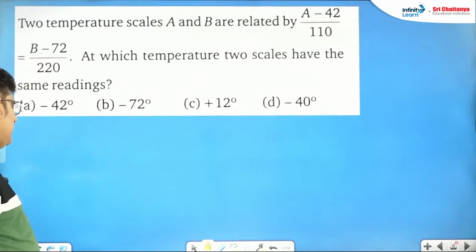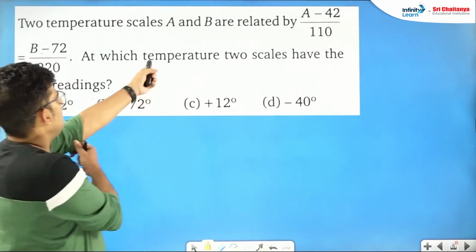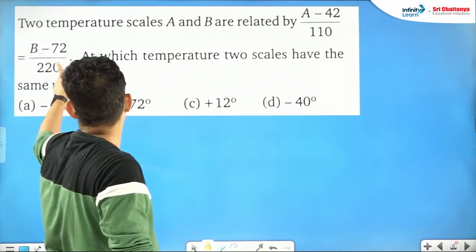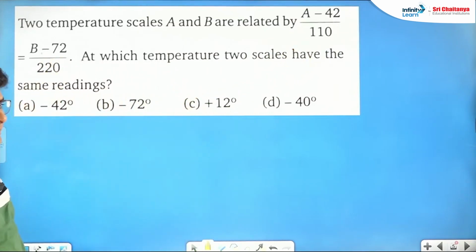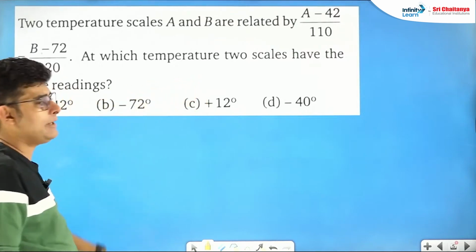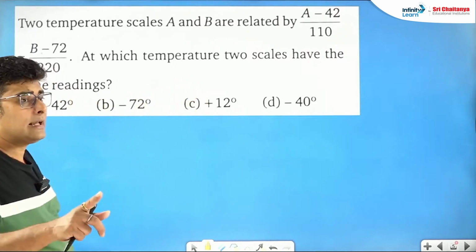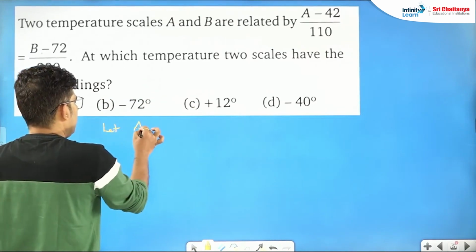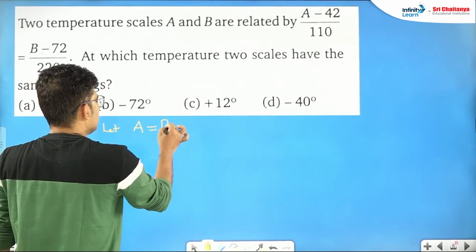Now the next question we have: there are two different temperature scales A and B which are related as A minus 42 by 110 is equal to B minus 72 by 220. They are asking at which temperature the two scales have the same reading. Both the scales having the same reading means suppose A and B, both the temperatures are equal.